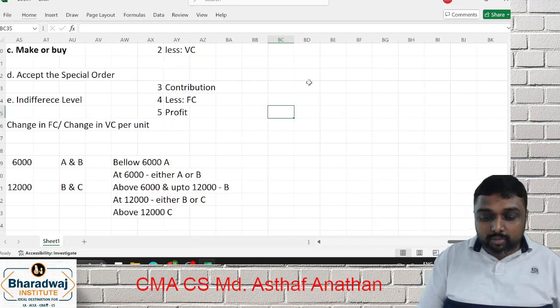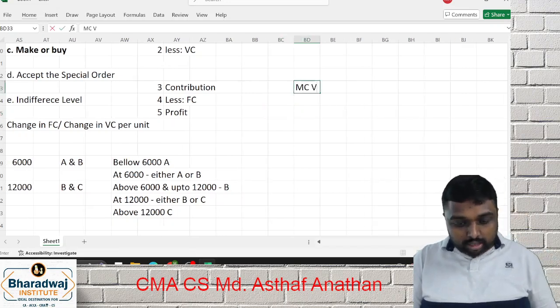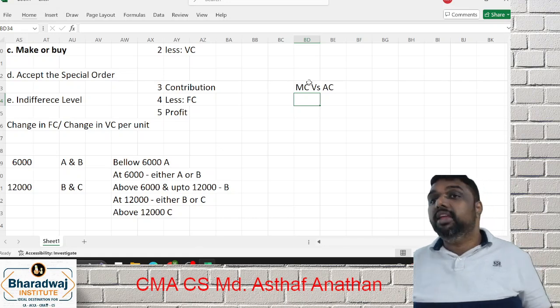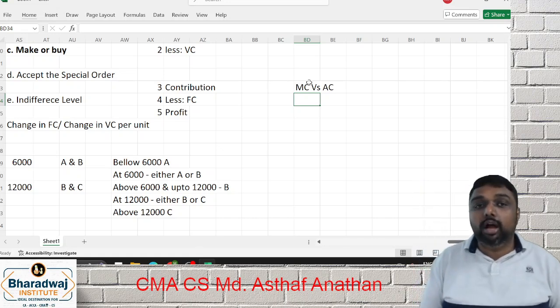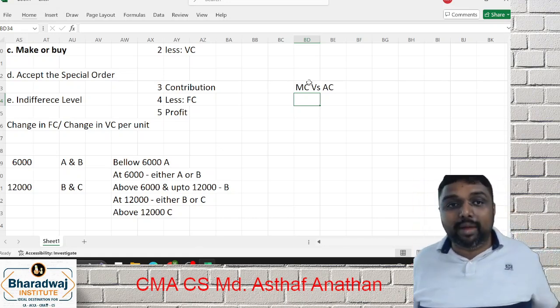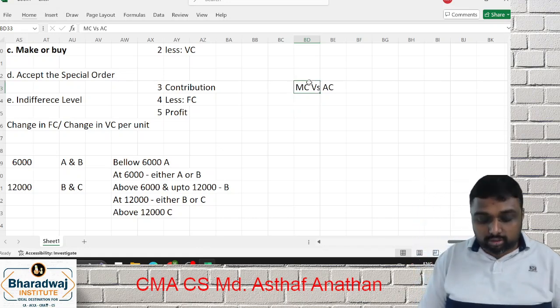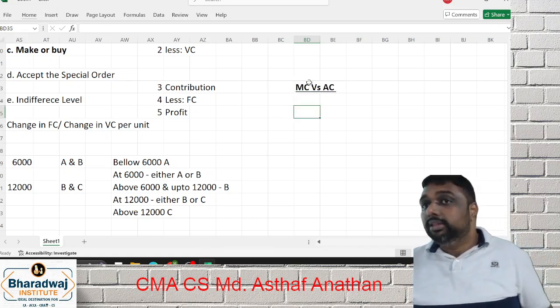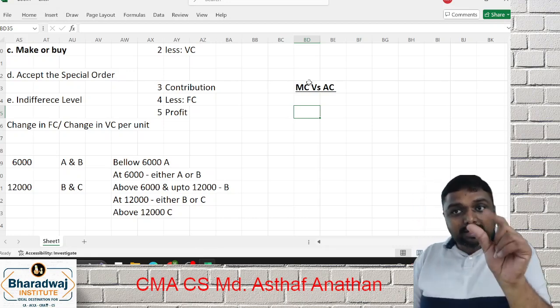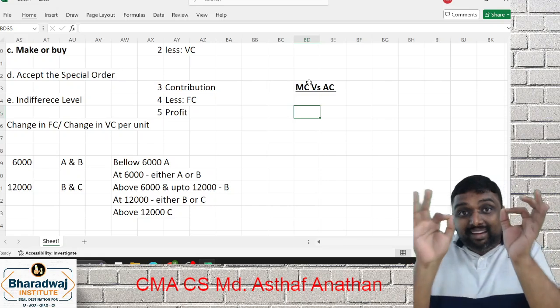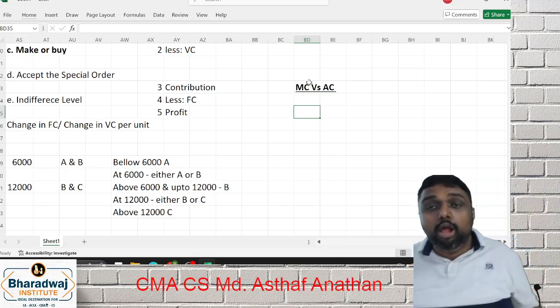There is another concept called marginal costing versus absorption costing. It is a very easy area, but lengthy. I have given a format, and in that format only you have to solve. This is also in this chapter. You have to understand two or three points. The profit will differ; the main reason will be helpful for 2 marks also.